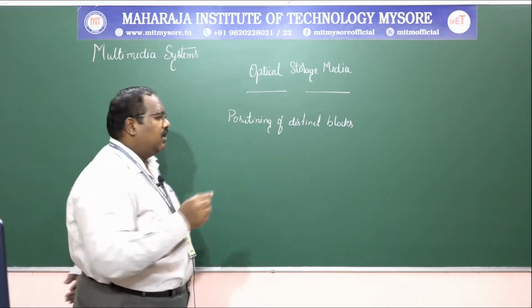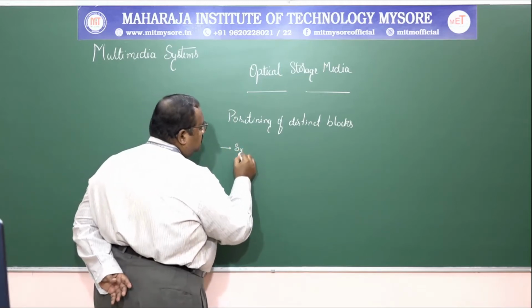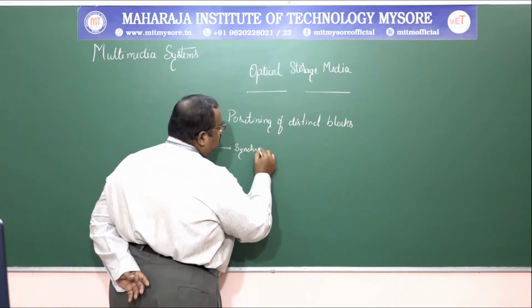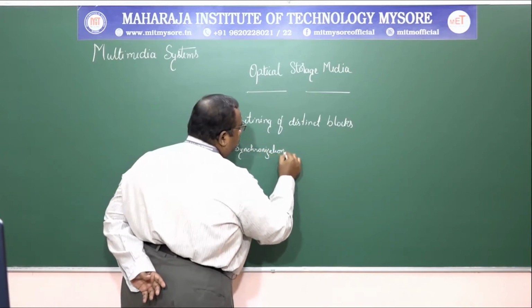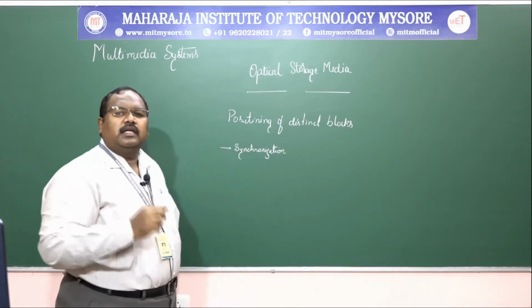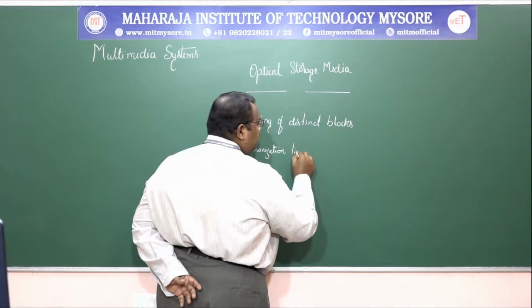Let us look into the first one, that is synchronization. The first one is called the synchronization time. Why is it a limitation?